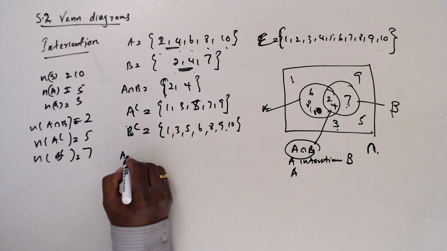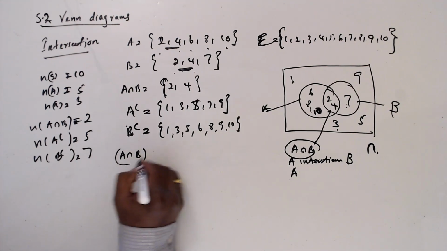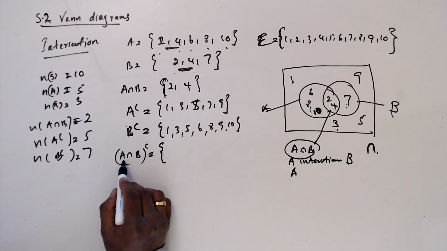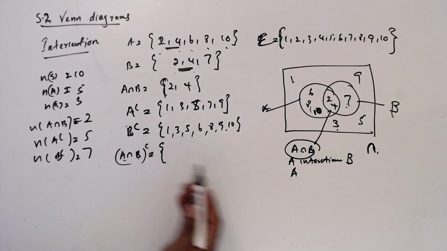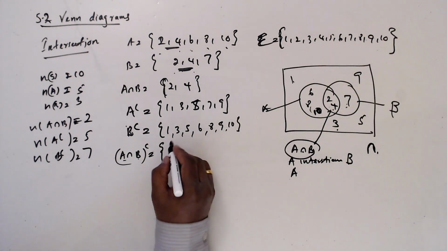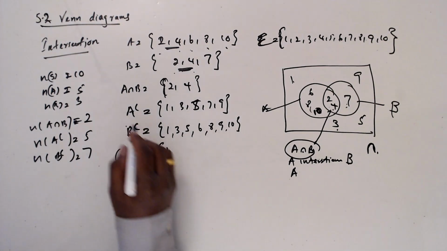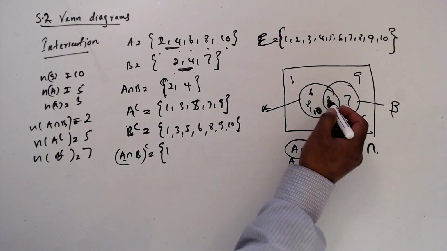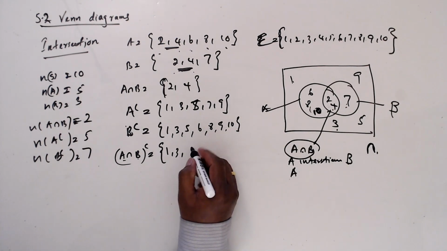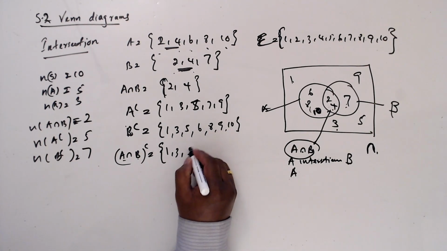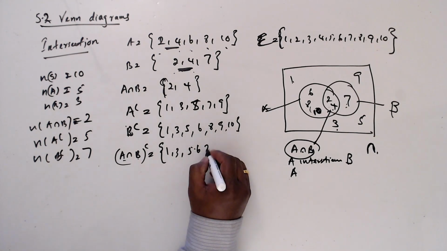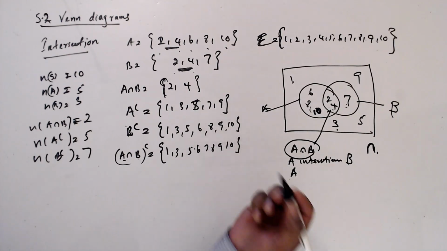What is A intersection B complement? What are the elements? First of all, select the A intersection B and take what does not belong to A intersection B. Apart from 2 and 4, you write everything: 1, 3, 5, 6, 7, 8, 9, 10.